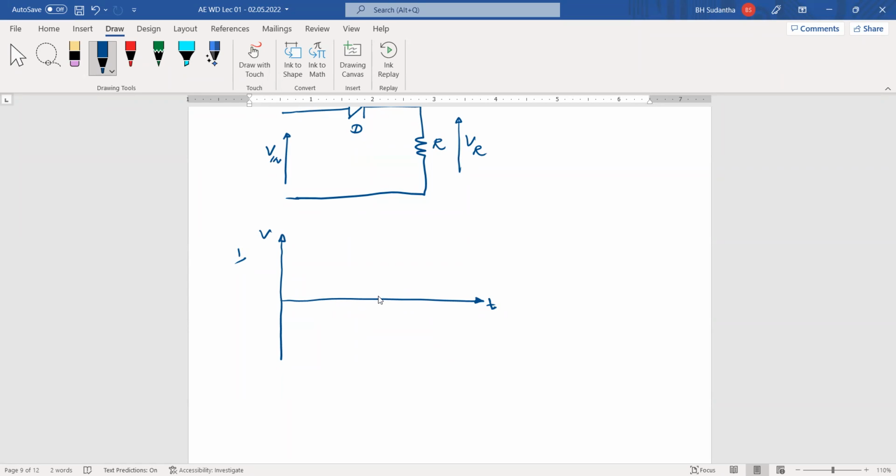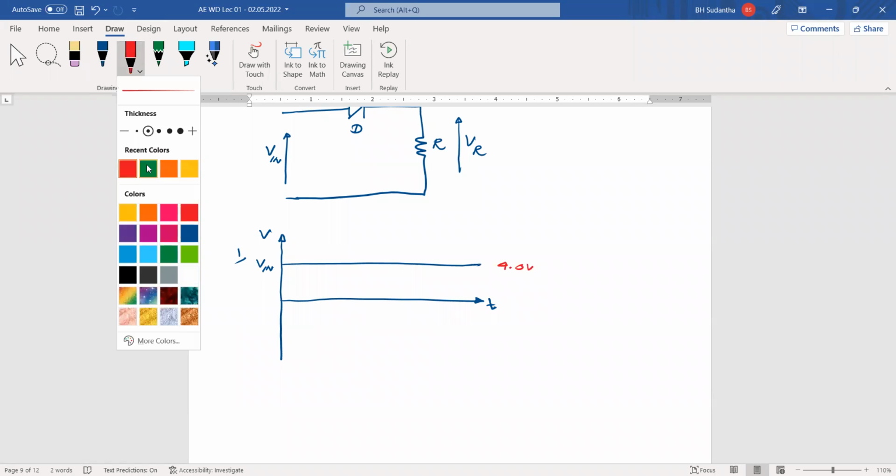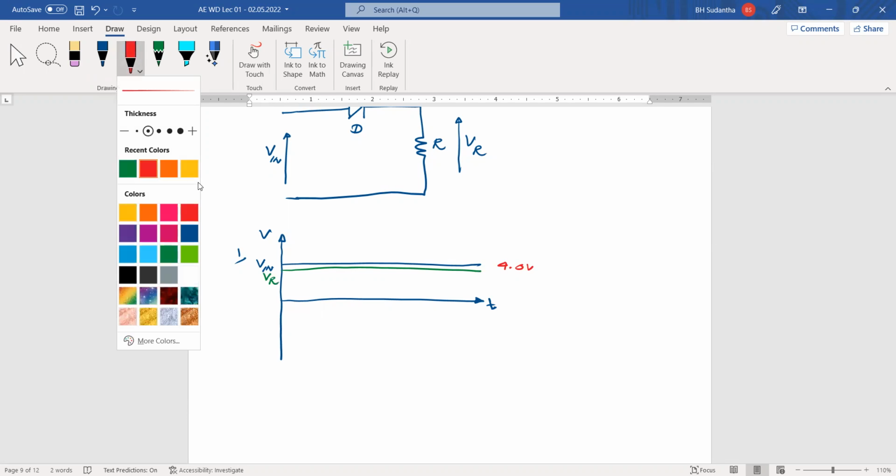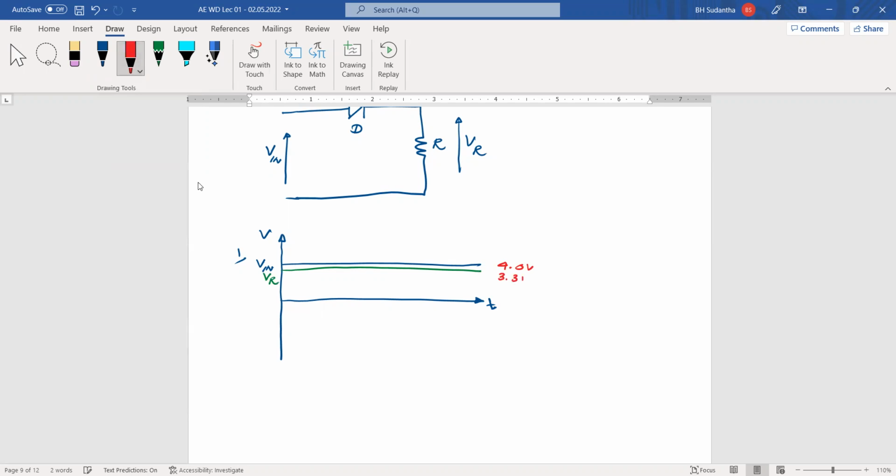This V in may be, shall we say, 4.0 volts. Then VR may be 3.3 volts. 0.7 volts dropped across the diode.